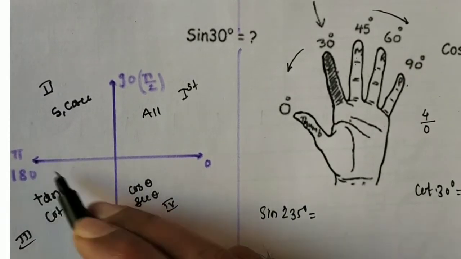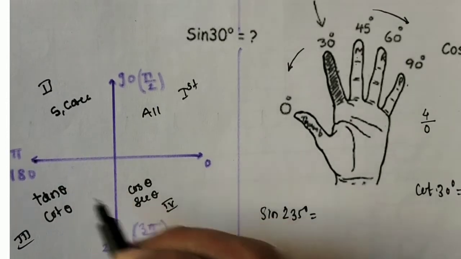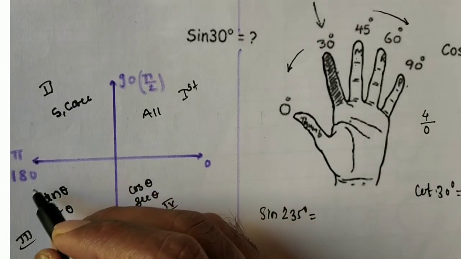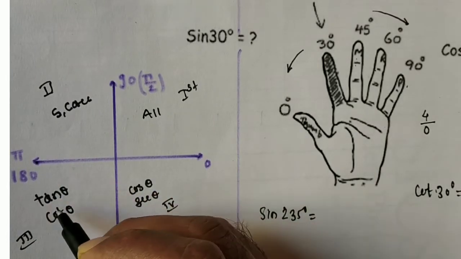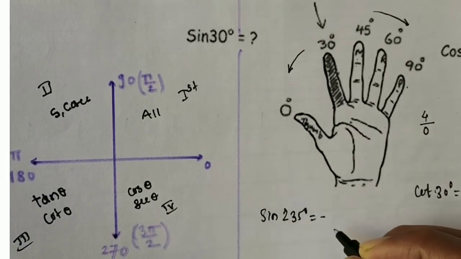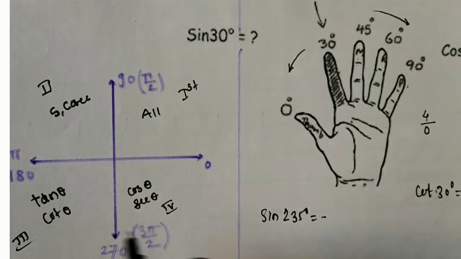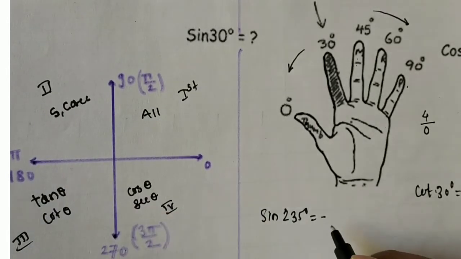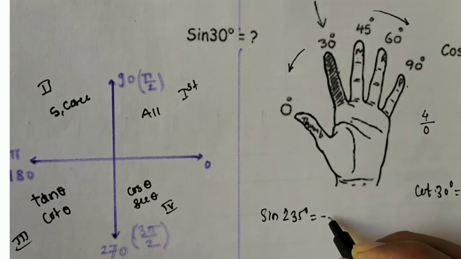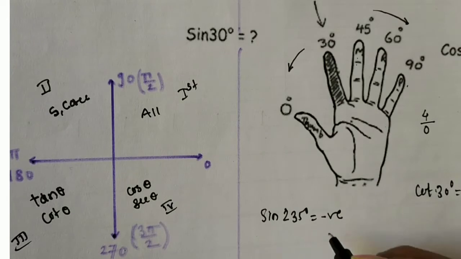So for sine 235, in this third quadrant only tan and cot are positive, so this will be minus. This will be negative. So sine 235 degrees has a negative sign.